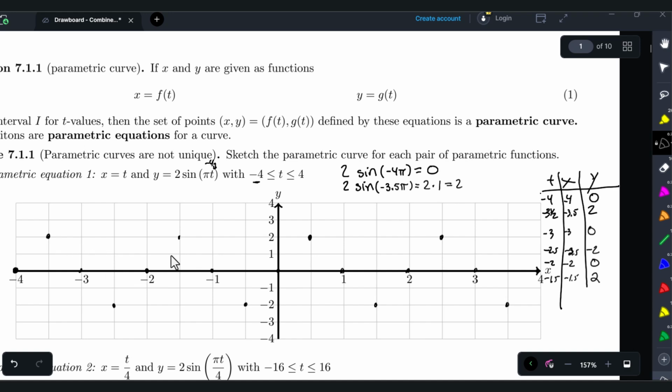I plot the dots with this periodicity, and since the function for my x-coordinate is continuous and the function for my y-coordinate is continuous, I connect these dots with a continuous, unbroken curve. From this, I have my crude sketch of the graph of this periodic function, and it really is the same thing as the graph of y equals 2 sine of pi x, because t and x are the same thing.